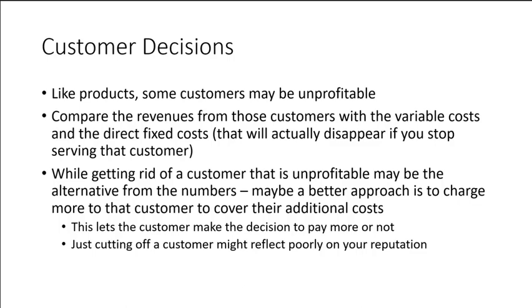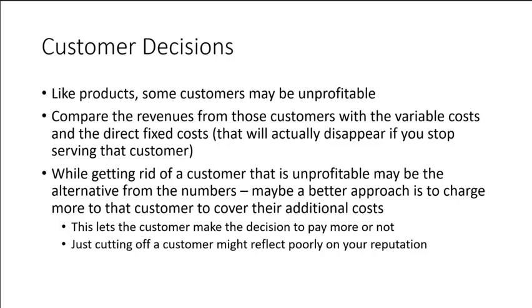And some customers may be unprofitable, and that may come because they demand so much extra attention. They may not buy enough. They may not have enough volume. They may have other issues that we can't make money on.